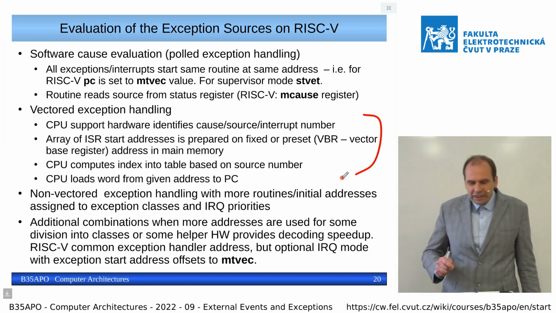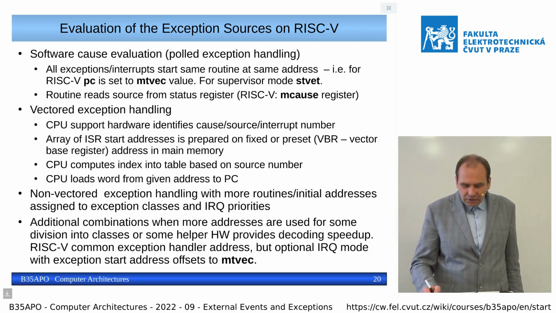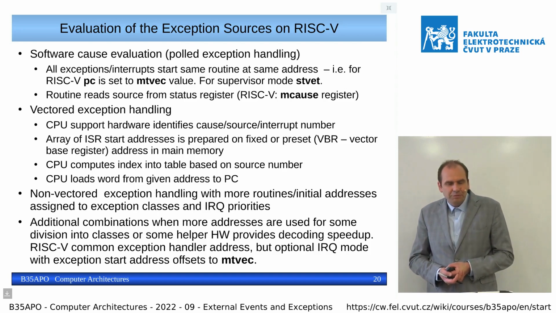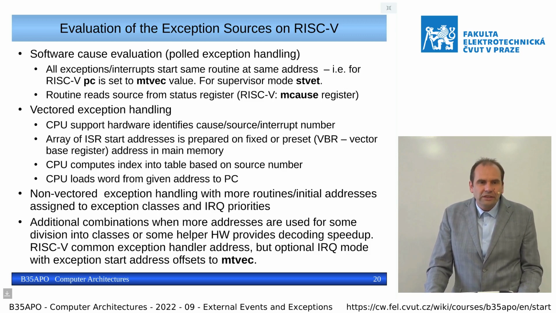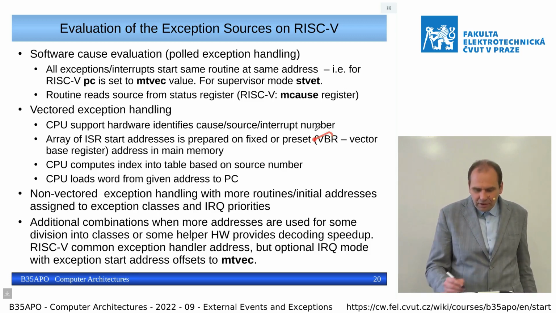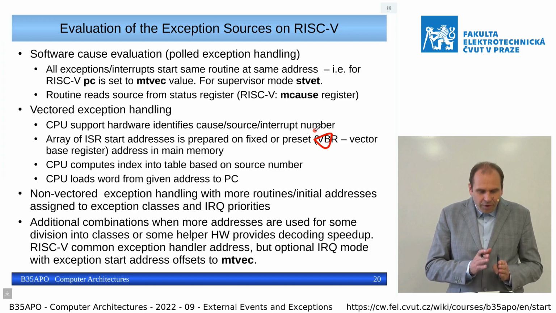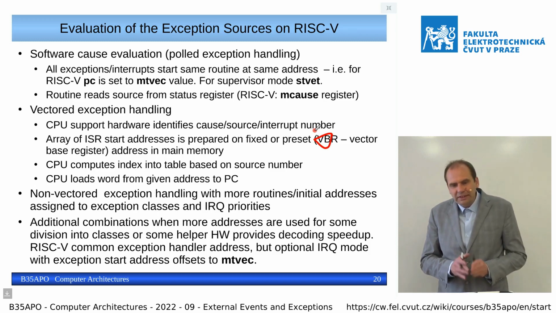So in such a case, you may want so-called vectored interrupt or exception handling, which is, for example, used on small Cortex-M MCUs. You have there an area which starts at a vector base register or at some area in the memory, and there are 4 bytes where the CPU should start after the reset signal.